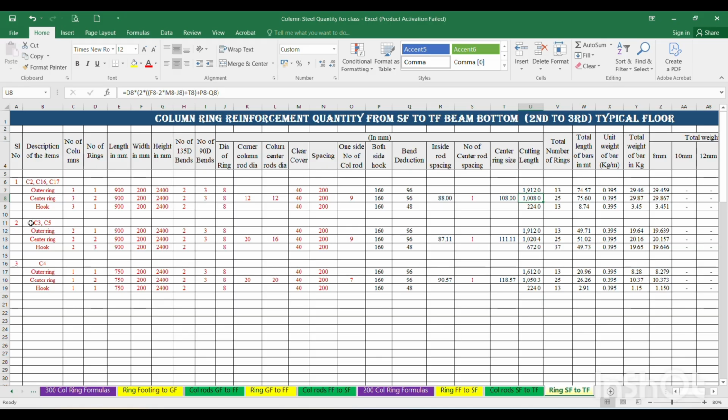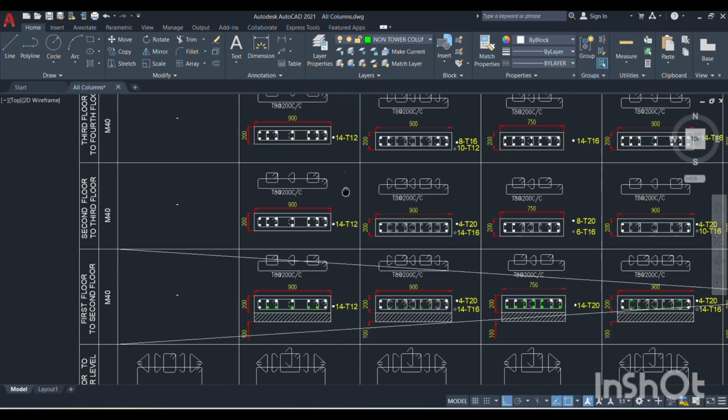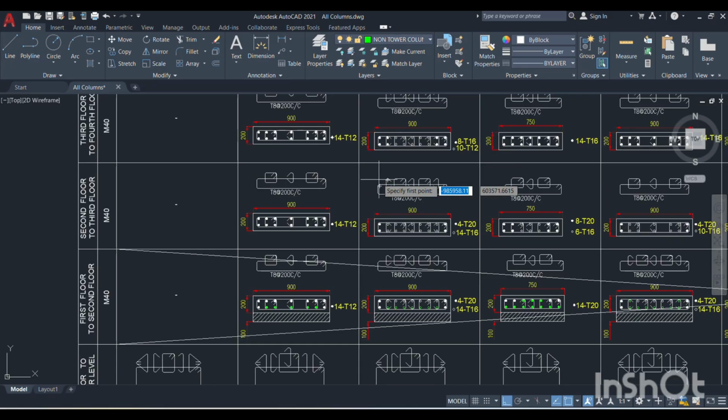Next, this is completed. One more thing you have to do: in the AutoCAD, whatever columns you have completed, just take a line and cross mark it. Either this side or this side you can cross mark it, because it should not be read again, and it would cause misreading.